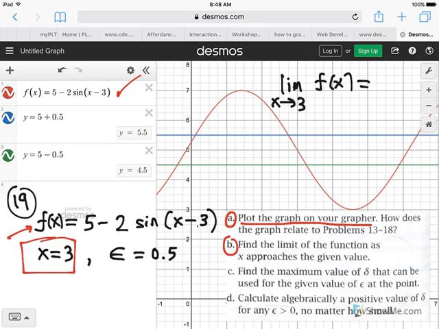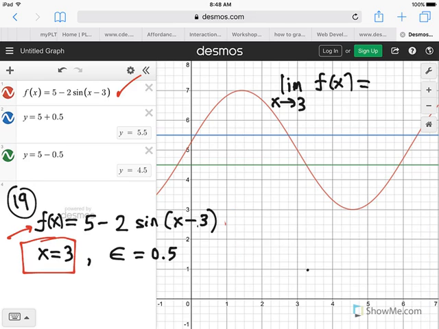Find the limit of the function as x approaches the given value. You can see that the given value for x is 3. So as x approaches 3, from the left of 3 and from the right of 3, the output values from the function are approaching what number?